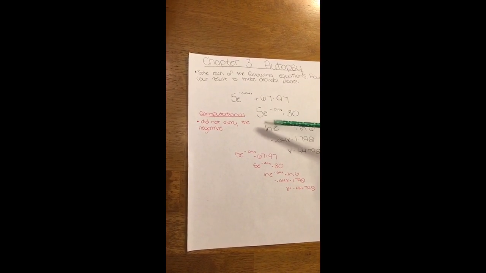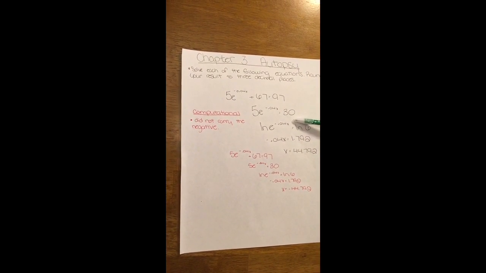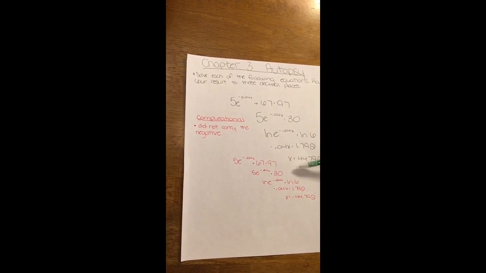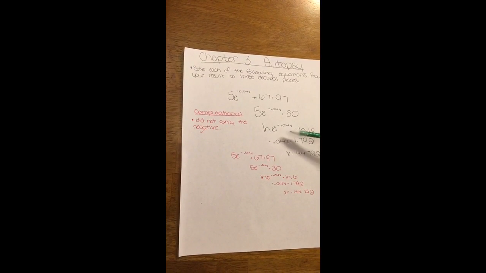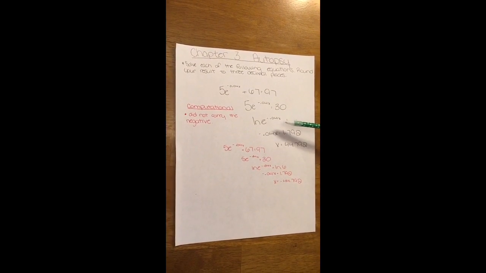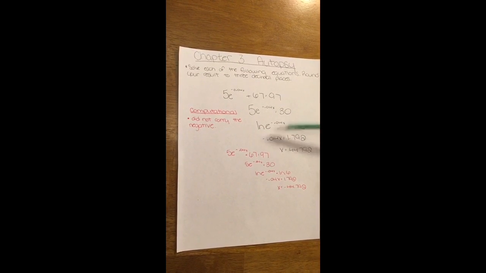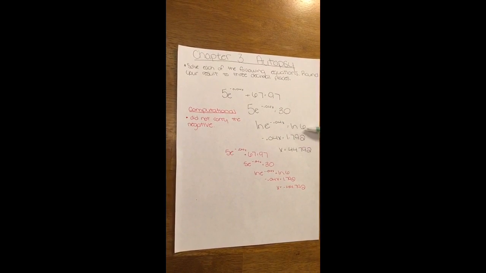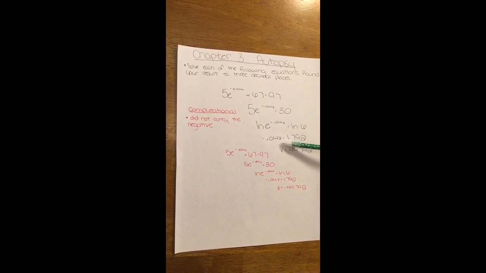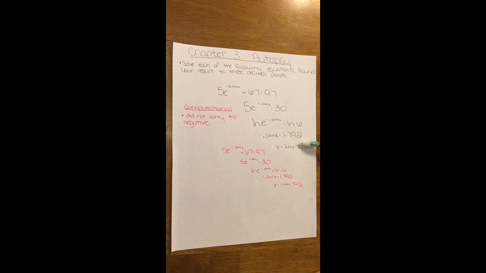So you would be left with 5e to the negative 400x is equal to 30. Now, as you're trying to isolate the variable, you're going to divide by 5 on both sides, leaving you with e to the negative 400x is equal to 6. Now, to eliminate your e, you're going to take the natural log, which is its opposite. So these two will cancel out, and you will take the natural log on the other side, leaving you with negative 400x is equal to the natural log of 6, which is 1.792.